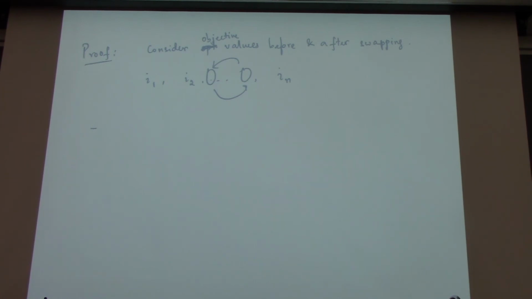So there were three observations. One is that the completion times of jobs I1 through Ix minus 1 remain the same. The other is that the completion times of jobs Ix through Iy minus 1 only decrease.